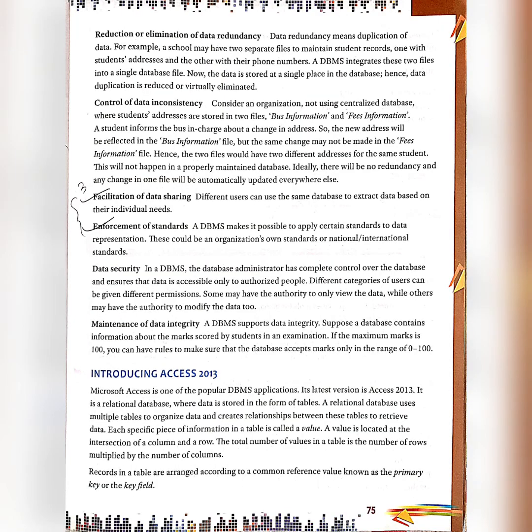That means lowering the risk of duplication of data. Then control of data inconsistency. That means all the data are not repeated. Then facilitation of data sharing, data security, enforcement of standards, and the maintenance of data integrity.